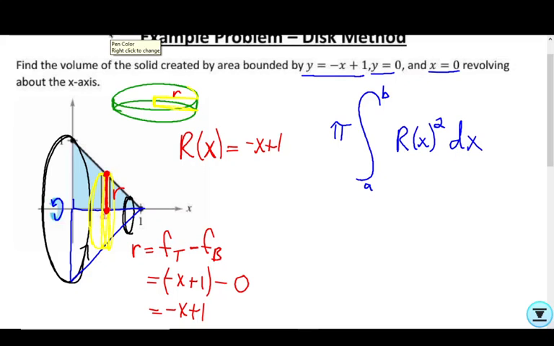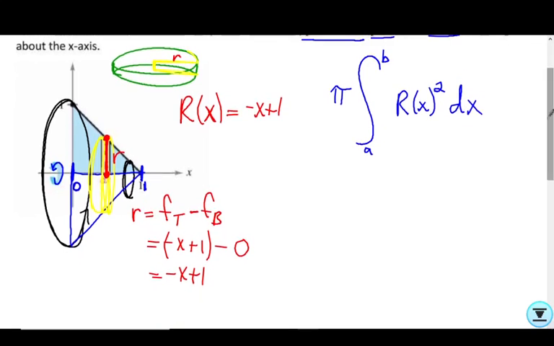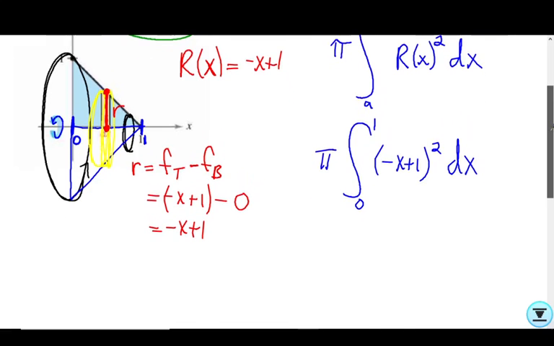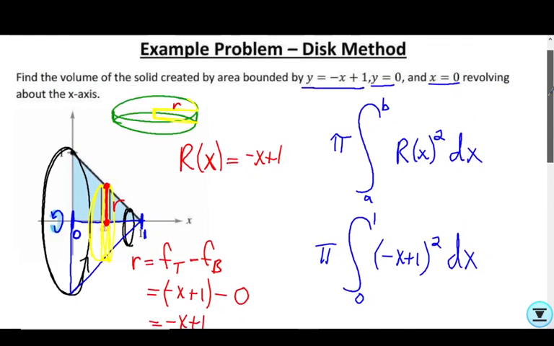Well, my volume starts here at 0 and ends here at 1. So my integral is going to be pi from 0 to 1 of negative x plus 1, squared, dx. Now, that's it. That's my setup.